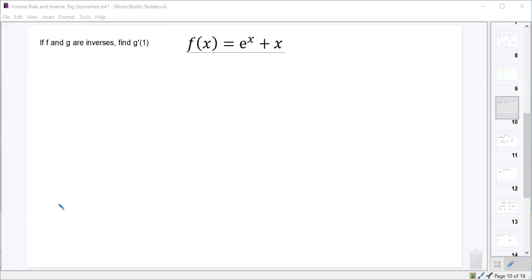And if we tried to do that same thing that we did to solve for x, how are you going to solve y equals e to the x plus x for x? Right? That's not gonna work out very well. You're not going to be able to solve for x. So we have to use this inverse rule.